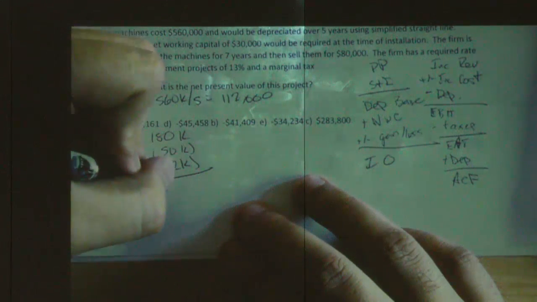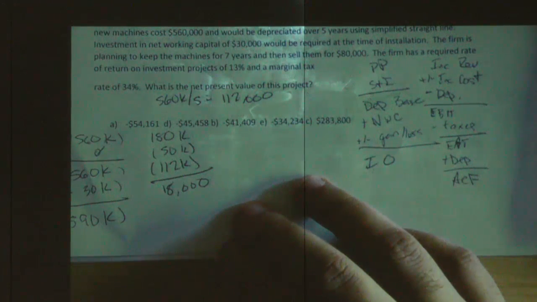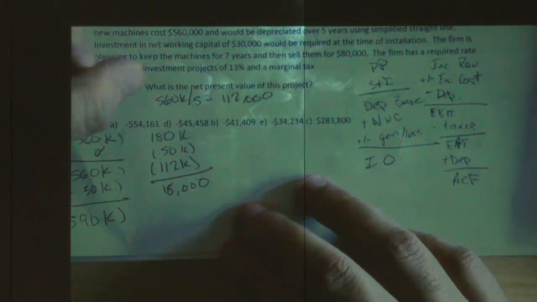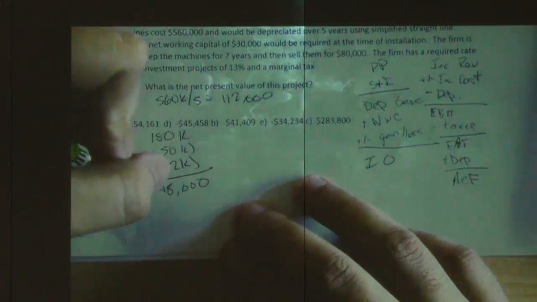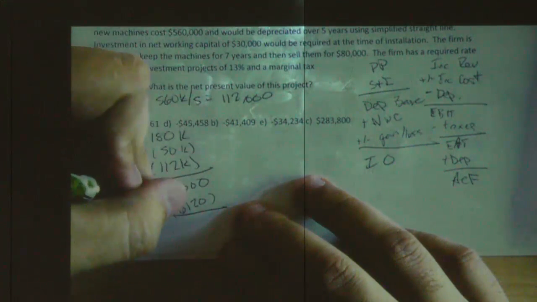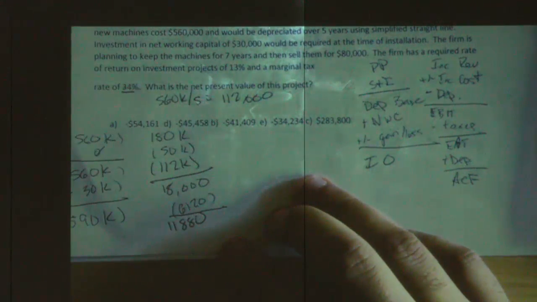So your earnings come out to be 18,000. Your tax rate is 34%. So you're going to do taxes on this 18,000. You end up with a tax expense of 6120. So you subtract that, and that's going to give you 11,880 as your earnings after taxes.